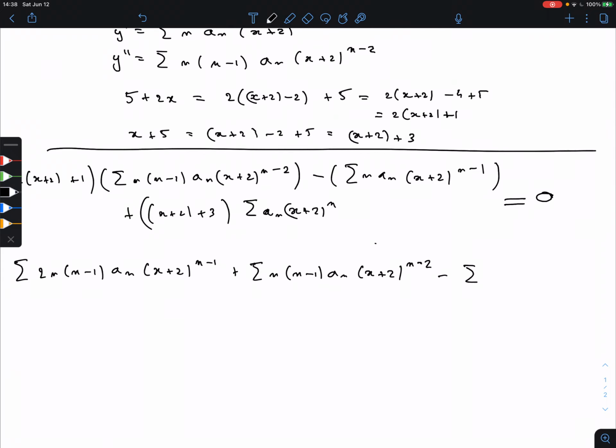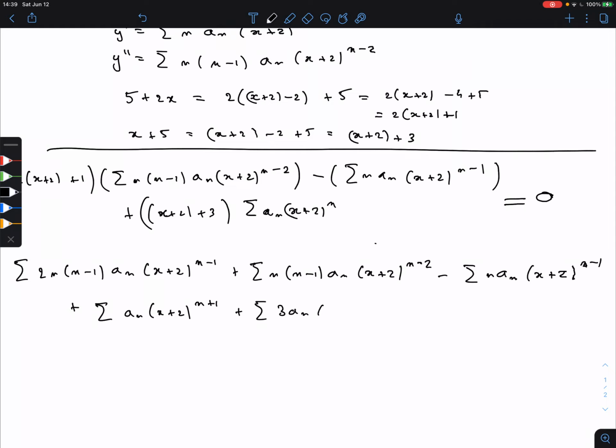Then we have minus summation n an x plus 2 to the n minus 1, plus summation an x plus 2 to the power n plus 1. This is where we have this higher power, and this is where we need to shift down, and that is where we have to be careful. Plus summation 3an x plus 2 to the n. That's the only one that we don't need to shift, and that is equal to 0.